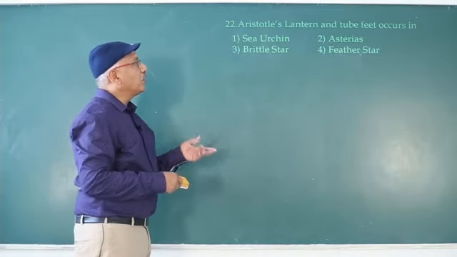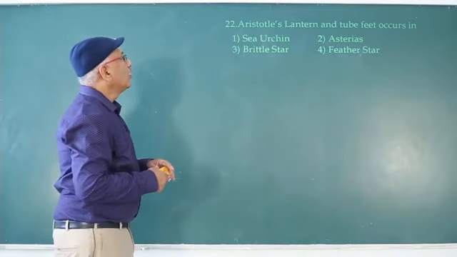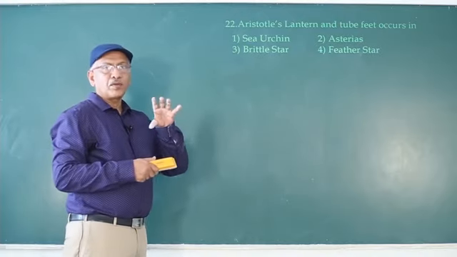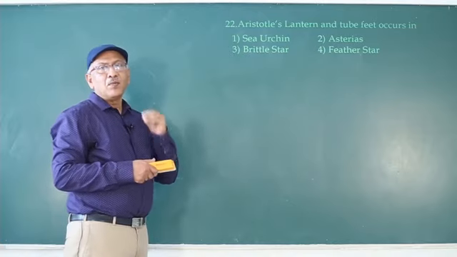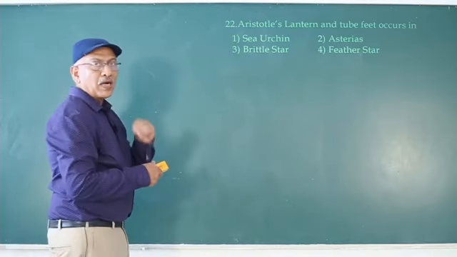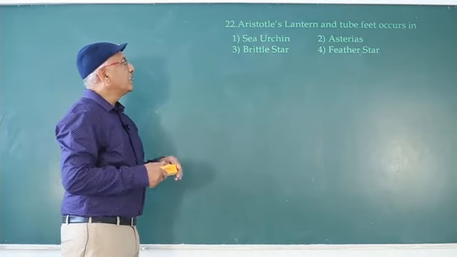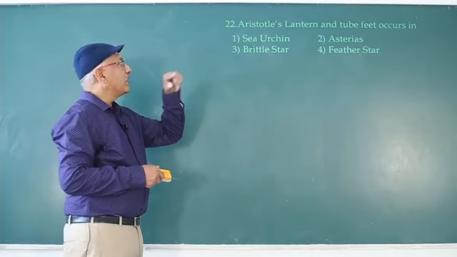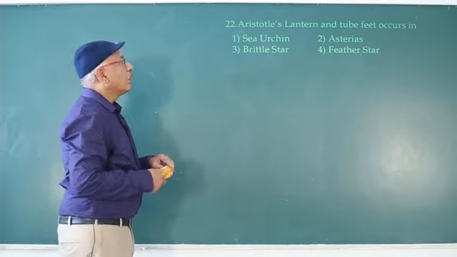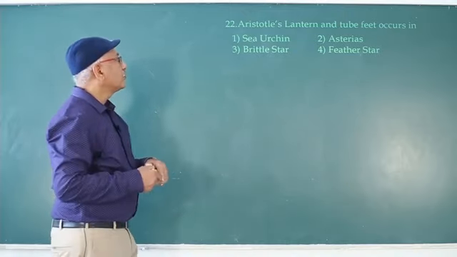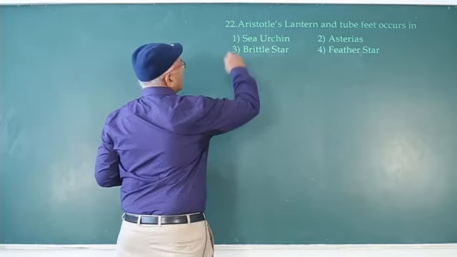Aristotle's lantern and tube feet occur in? Aristotle's lantern is a 5-jawed masticating organ present in the buccal cavity of sea urchin. Absent in heart urchin. Tube feet help in locomotion and respiration. So that is sea urchin.